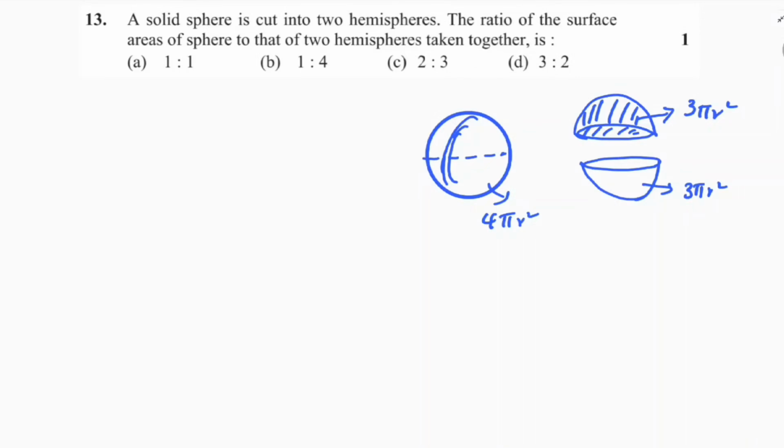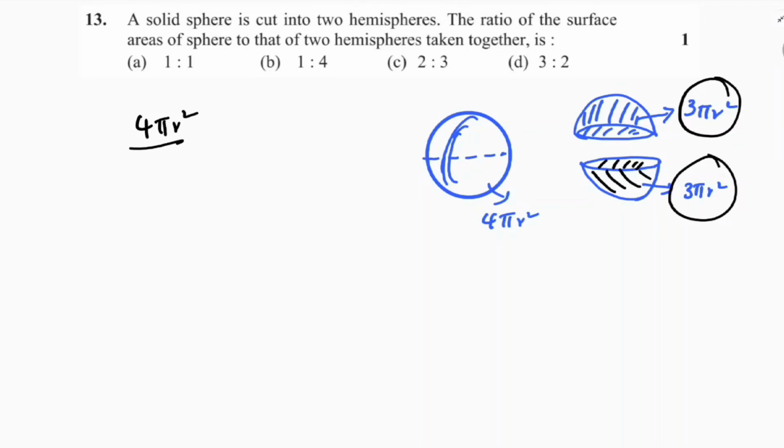They're asking the ratio of the surface area of the sphere, which is 4 pi r square, to the two hemispheres taken together, so 3 pi r square plus 3 pi r square, which is 6 pi r square. Pi r square cancels, and it is nothing but 4 by 6, which is 2 by 3. So the ratio is 2:3. Correct option is C.